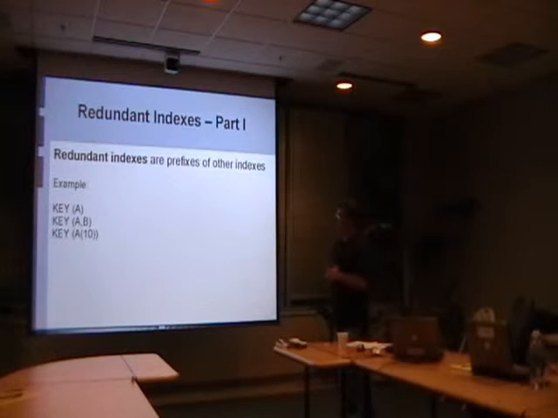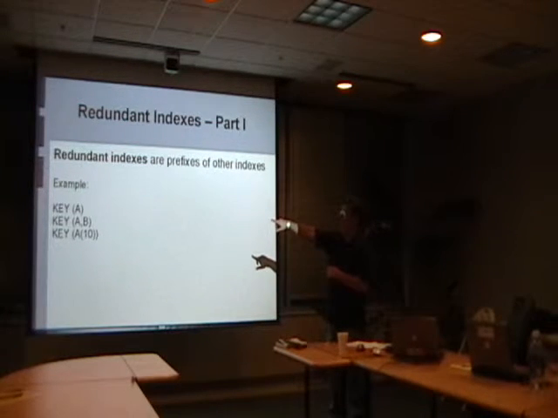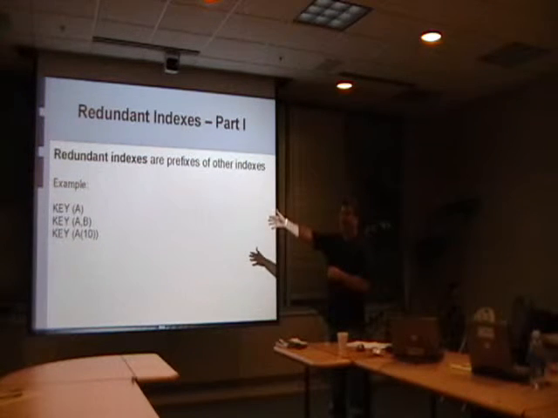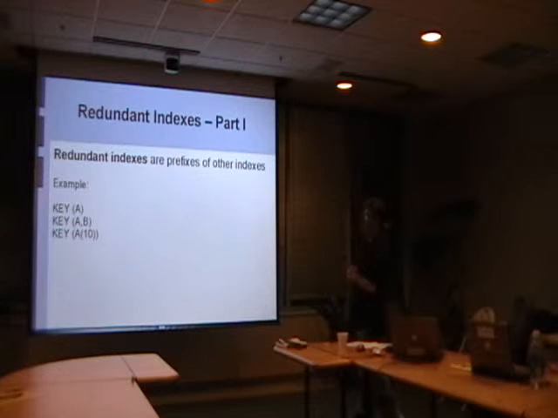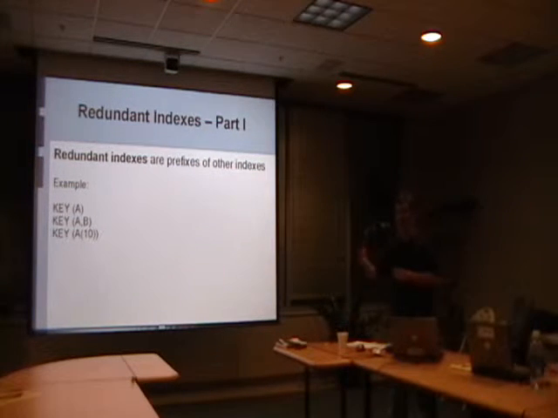Why are these redundant? Key A is the first part of key AB. MySQL can use that second index to handle the functionality of that first one. I don't know if that makes sense. You may need to think about that a little bit.